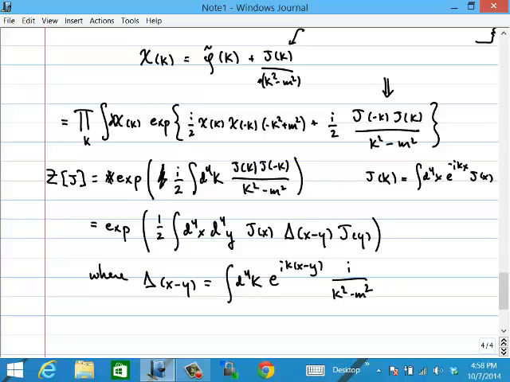Hopefully that's at least a little bit familiar. This is just the Feynman propagator.